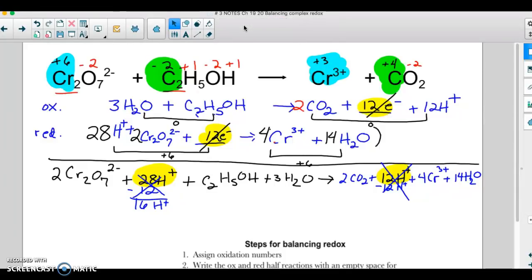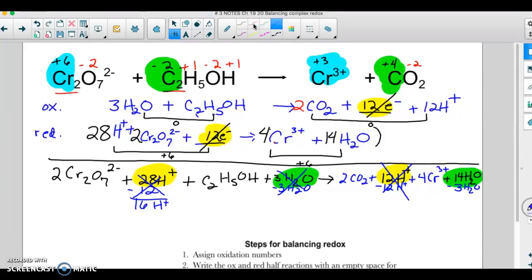The other thing that we can simplify is the water. I've got 3 waters here and 14 here. So again, I'm going to subtract those 3 waters from both sides. And that means these waters will be gone, and I'll end up with 11 waters on the product side. So overall, I could rewrite this then.